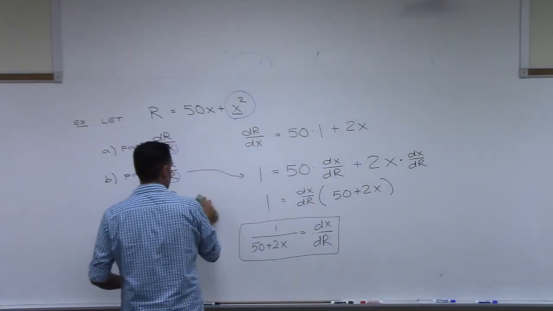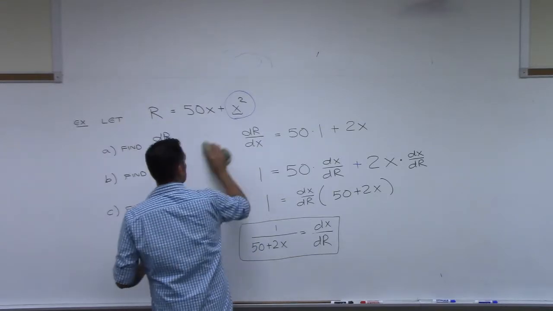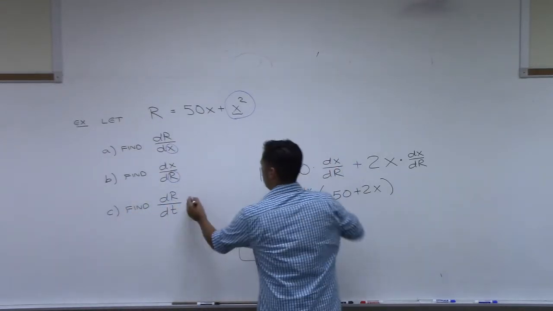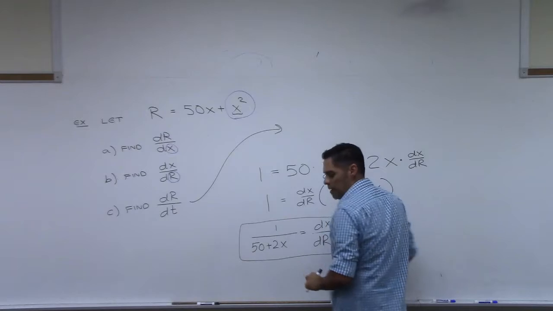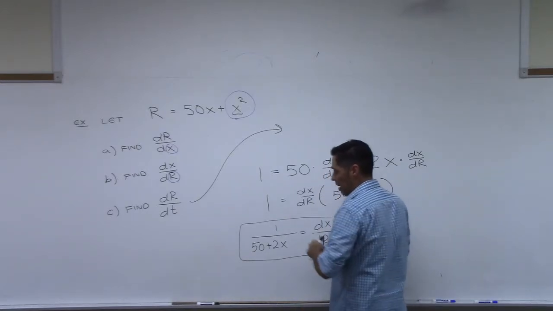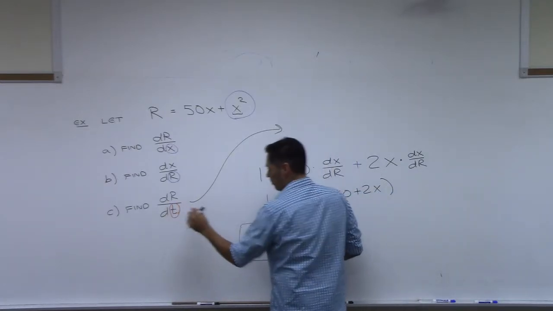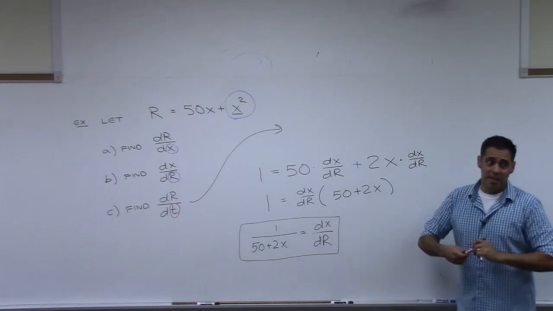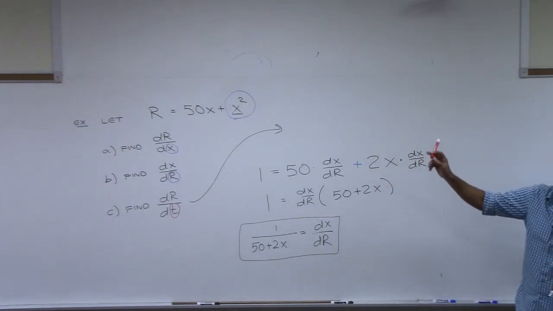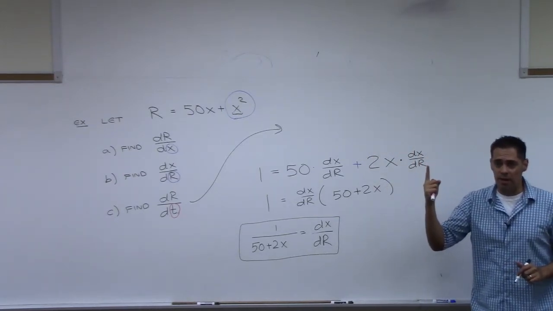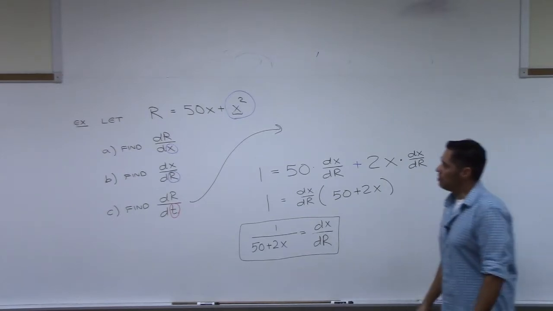Let's do this last one. This time I'm differentiating with respect to t, right? And since there aren't any t's anywhere to be seen, I'm never going to have something go to 1, ever. So let's start.